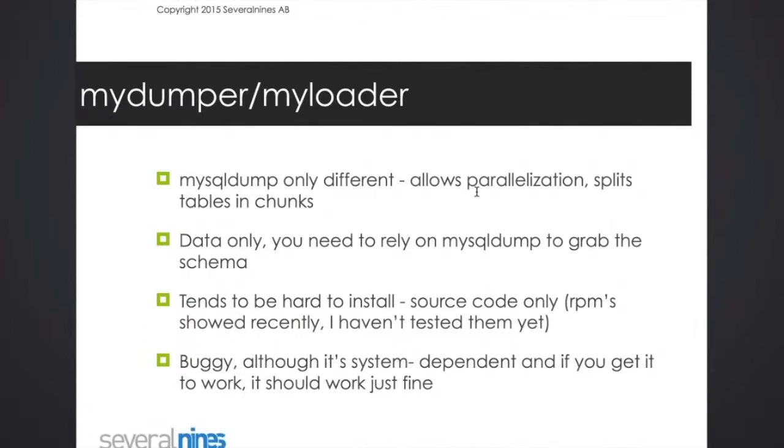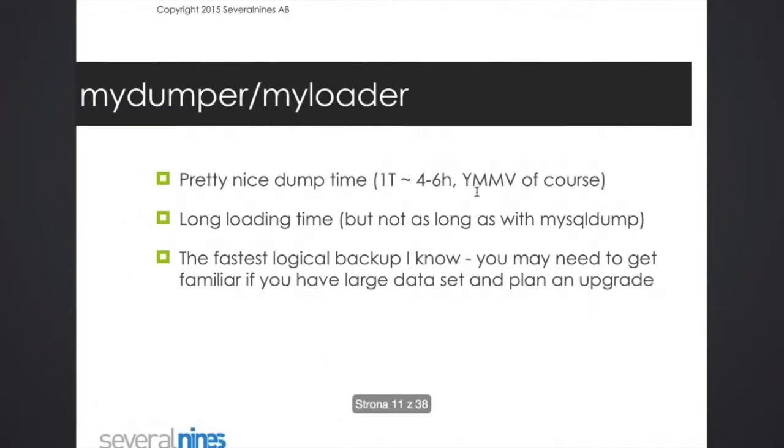I haven't tested them yet, but it might speed up the installation process significantly. And the problem with the compilation was that it was buggy, especially if you had older systems, older libraries, older compilers, then it was sometimes really hard to build those binaries. On the other hand, once you have built them, they will work fine. So it's not a big deal, but again, something kind of inconvenient.